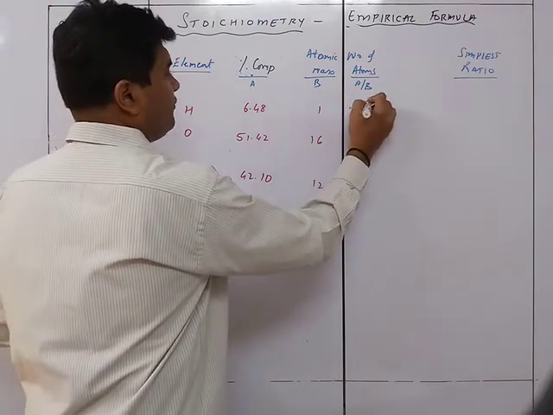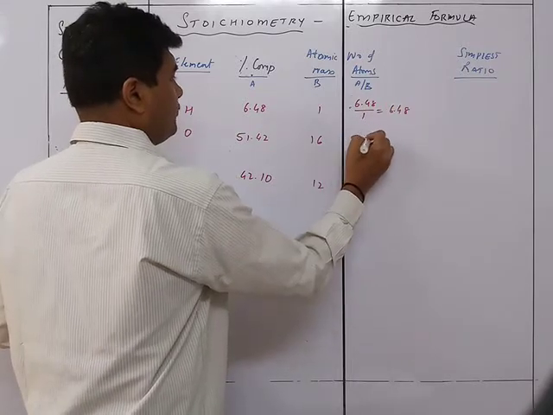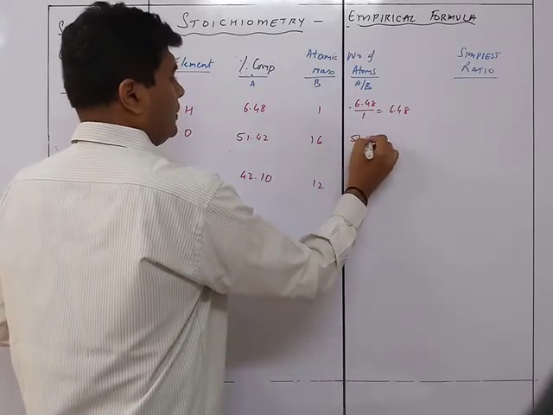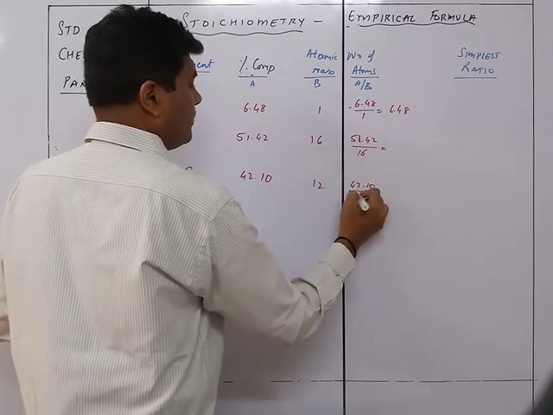So this is 6.48 upon 1, which is 6.48. This is 51.42 upon 16, and this is 42.10 upon 12.